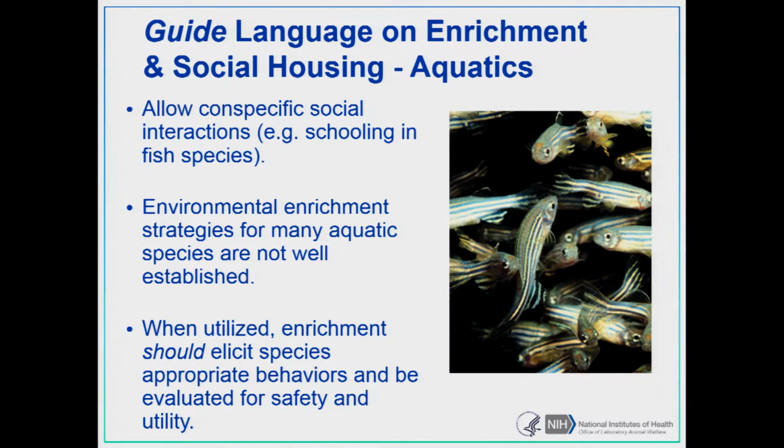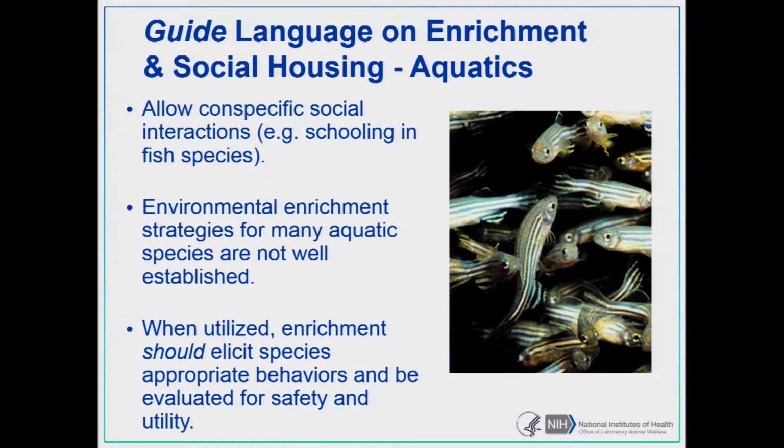What about aquatics? Here's where we have a little bit different things to look at, and we're going to have presentations tomorrow about aquatic species. The Guide says that for aquatics, whenever possible, there should be social housing of social aquatic species, and that enrichment should be encouraged, although at the time the Guide was written, there wasn't a lot in the literature to present information about enrichment concepts.